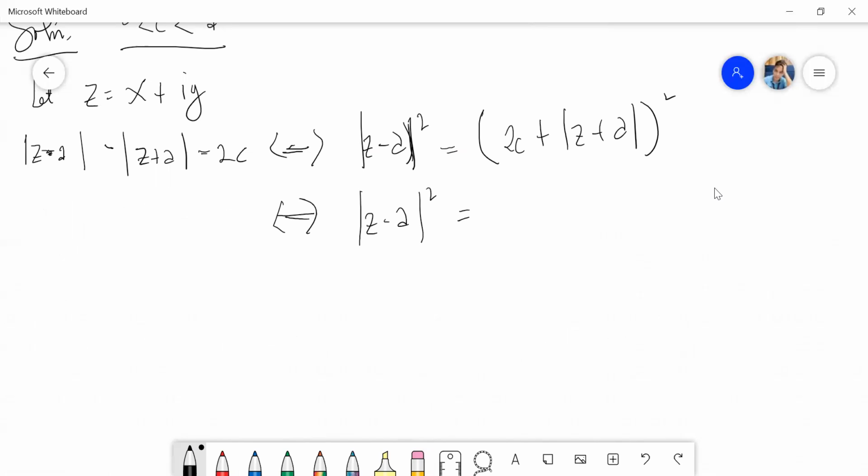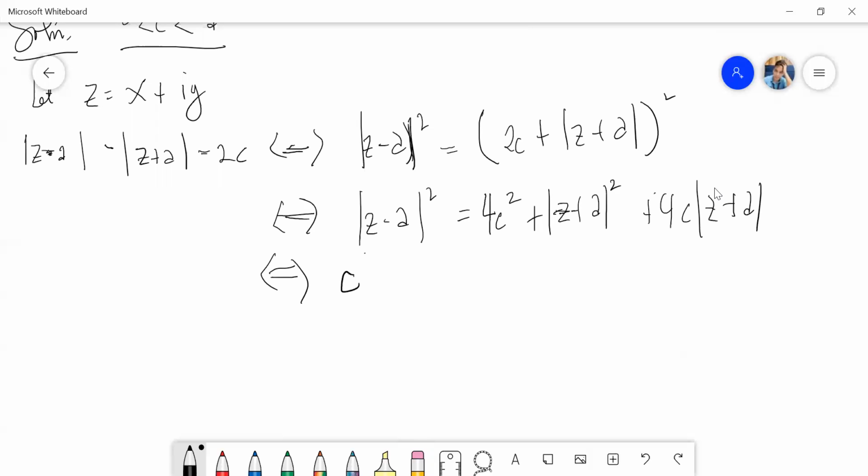If I simplify this, just do it manually, I would have 4C squared plus the modulo of Z plus A squared, plus 4C times the modulo of Z plus A. Rearranging everything here, you can do it by algebraic manipulation. I have Z plus A plus C squared, and I would have negative 2A.